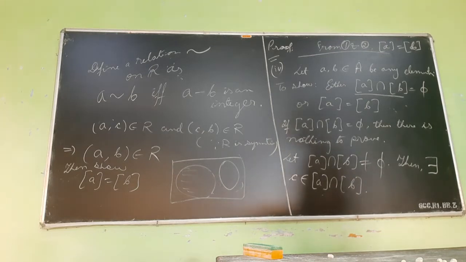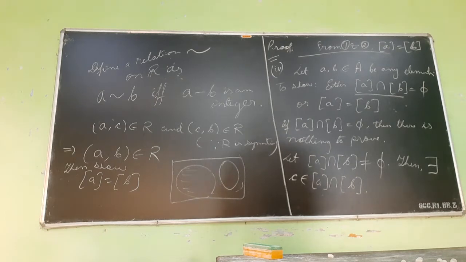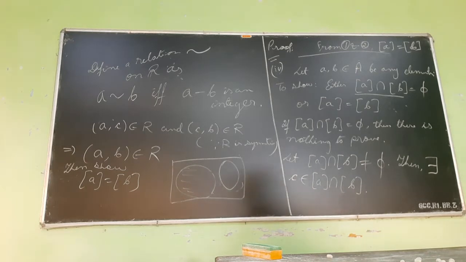Show that the relation is an equivalence relation. A and B are related if A minus B is an integer. Describe the equivalence classes under this relation. You try this later.